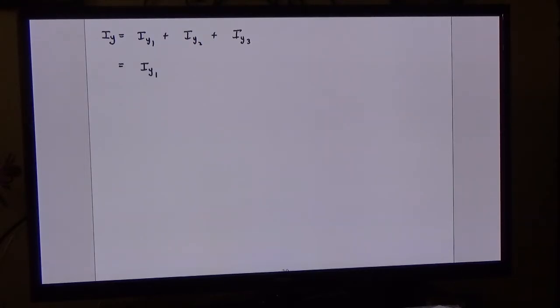We have moment of inertia about y1 hat. So we have to move it with the parallel axis theorem by doing I plus A times a distance squared. And likewise for the other two parts, we'll take the moment of inertia about the centroidal axes and then move it to the y-axis.